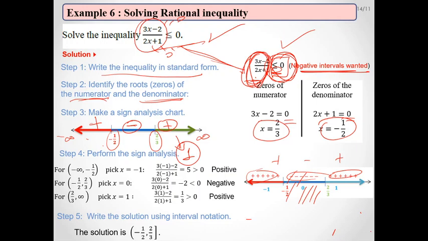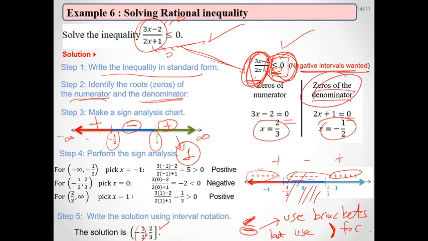The equal sign says use brackets. We use a bracket, but use parentheses for the root of the denominator. For this one, you always use parentheses, because this is the 0 of the denominator. We don't accept it. We do not include -1/2.